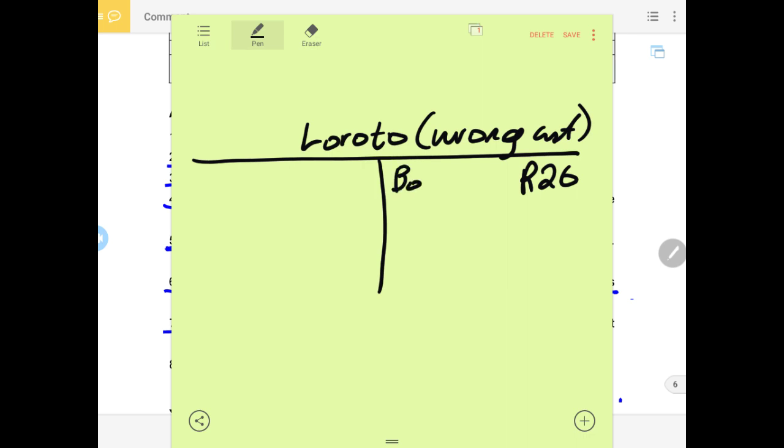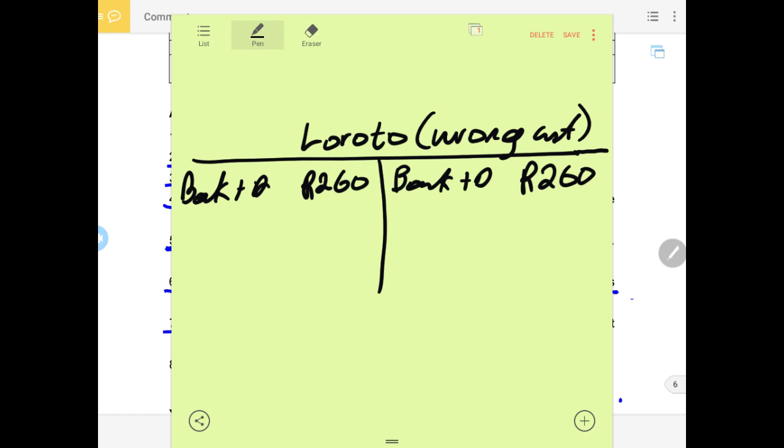So it says bank plus discount, 260 on the credit side. So we need to remove this in the account of Lorato. For us to cancel it in the account of Lorato, we must record it on the debit side of the account of Lorato. And the entry is still bank plus discount.